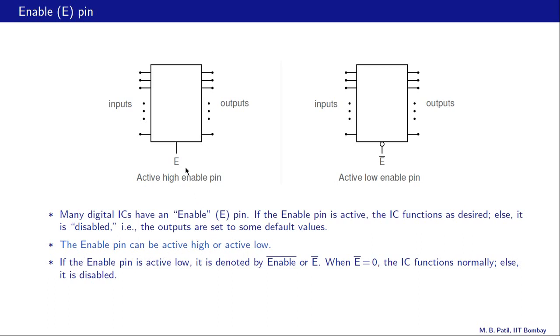In this case it is active high, and here is an example where the enable pin is active low, and that is why it is denoted by E bar. If the enable pin is active low, it is denoted by enable bar or E bar, and in that case when E bar is 0, that is active, the IC functions normally, else it is disabled. That means the outputs will be set to some default values.